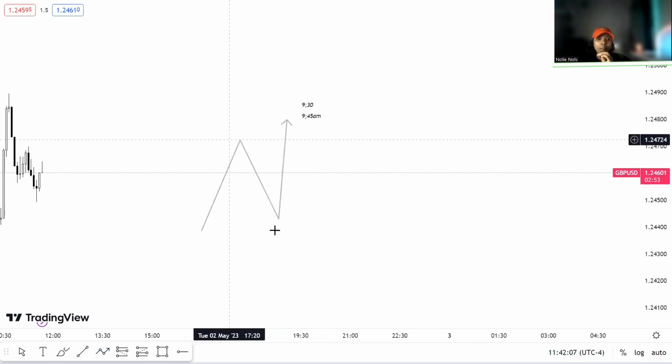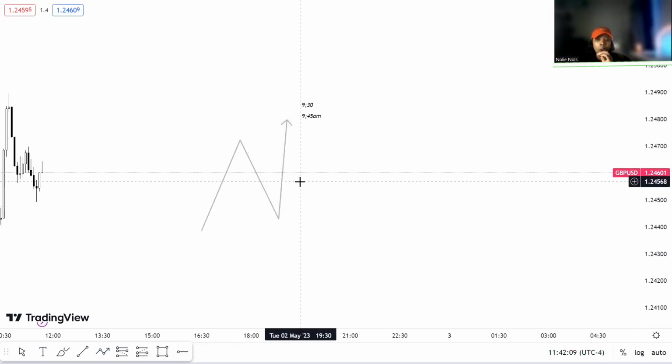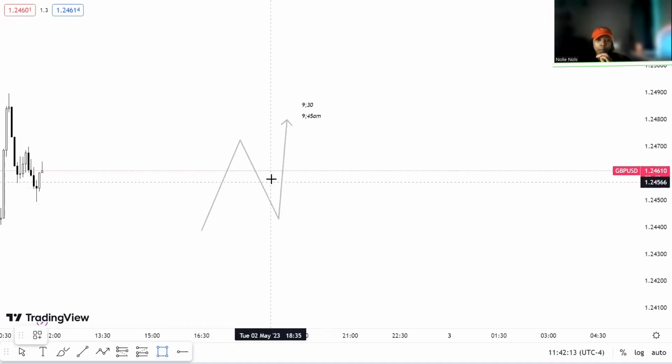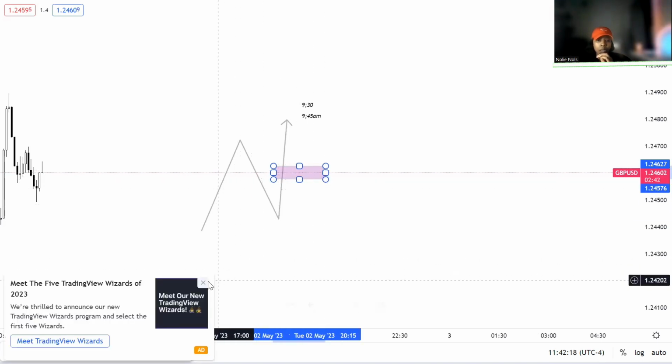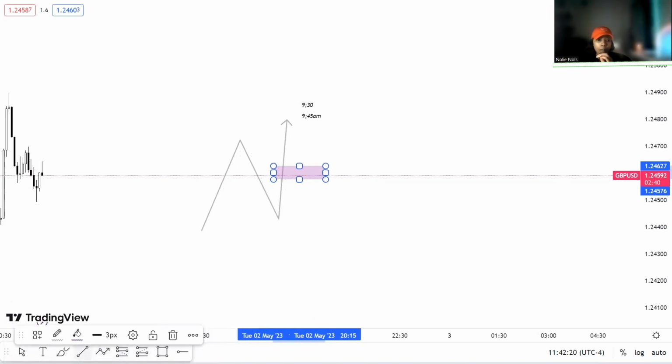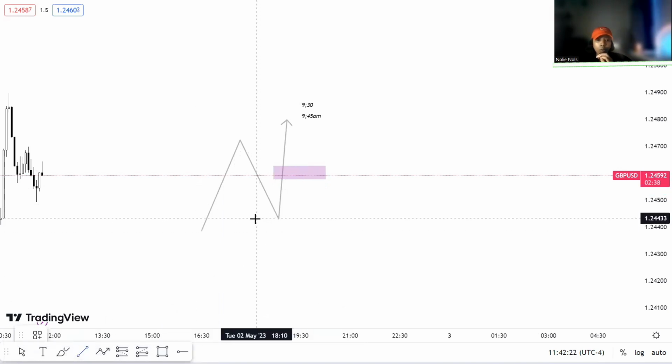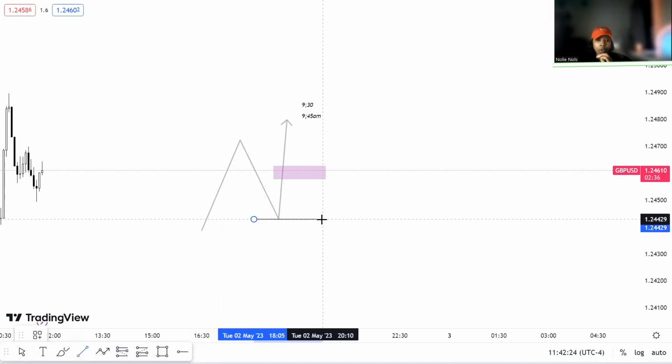Now, when you see something like that, where are you waiting? You are waiting over here, okay? And then you would draw your line for your liquidity over there.